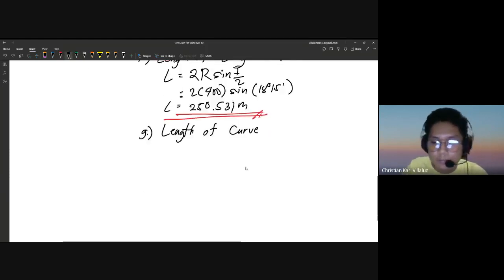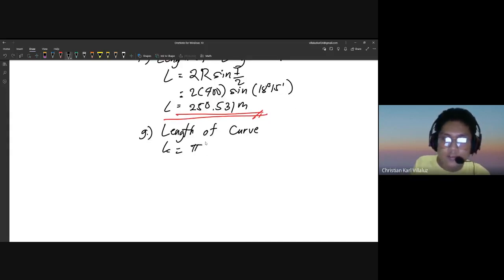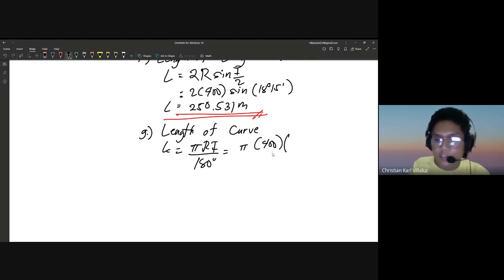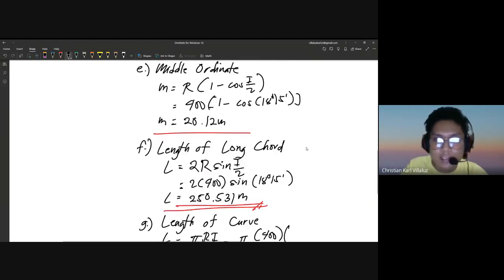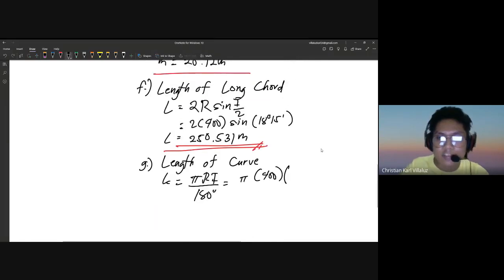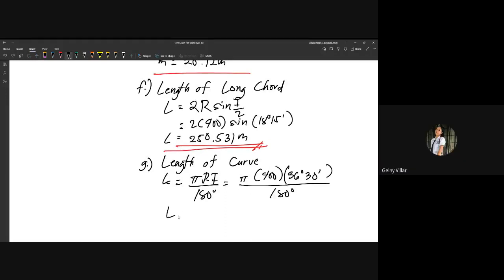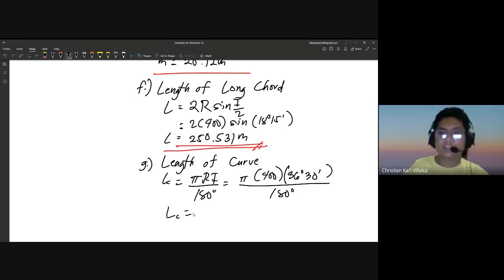How about G? Length of curve. For the length of curve, length of arc, pi R I over 180. So, pi, R is 400. So dito class, dun sa module nyo kasi na-substitute ko dun 18 degrees, 15 minutes. But I tayo, yung isa-substitute dyan dapat, 36 degrees, 30 minutes dapat. Kasi dito yung mga kinompute natin sa chord, tangent, external distance, middle ordinate, I over 2.